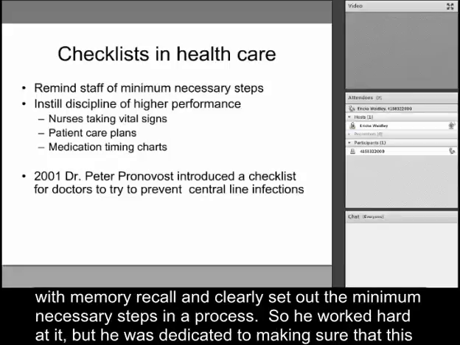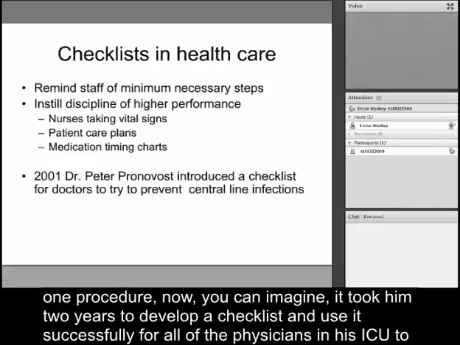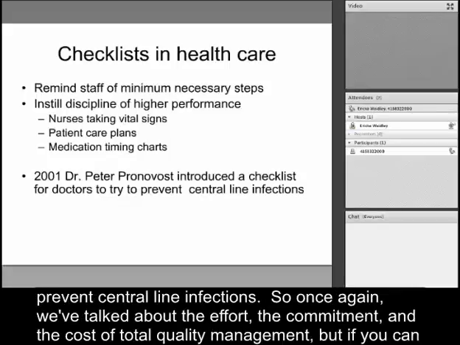They helped with memory recall and clearly set out the minimum necessary steps in a process. So he worked hard at it, but he was dedicated to making sure that this one procedure, now you can imagine it took him 2 years to develop a checklist and use it successfully for all of the physicians in his ICU, to prevent central line infections.